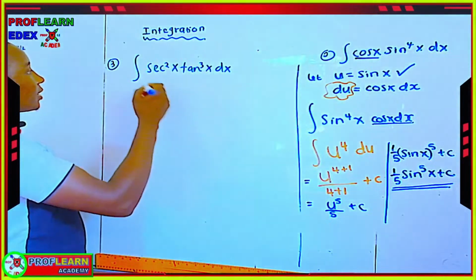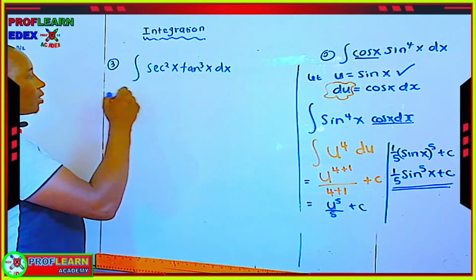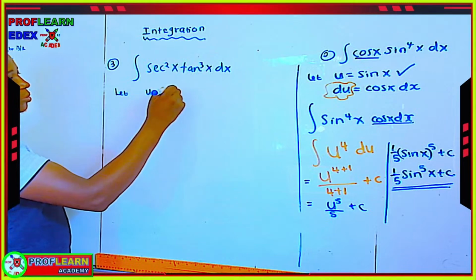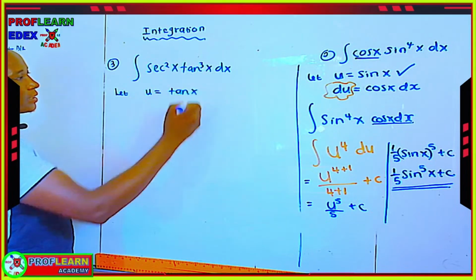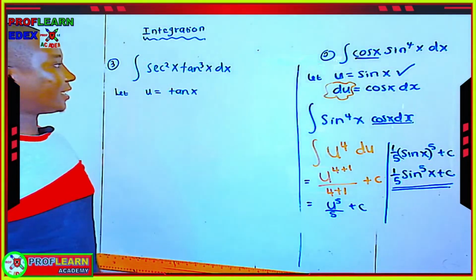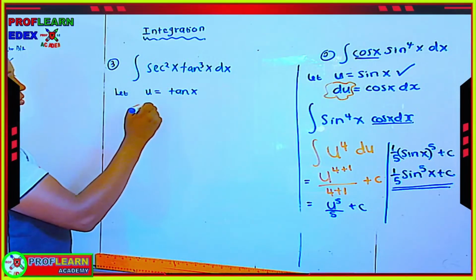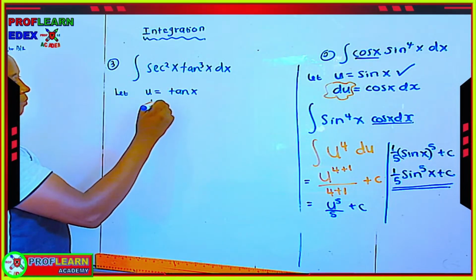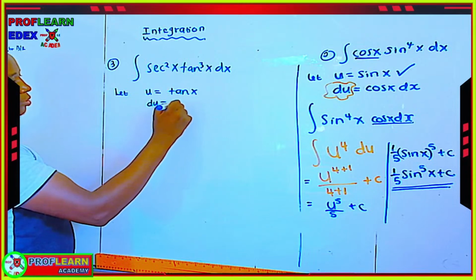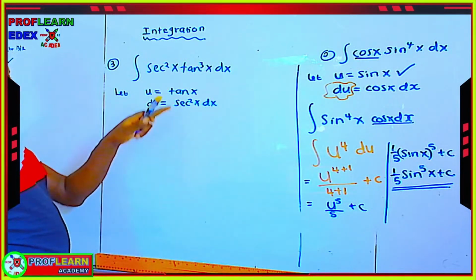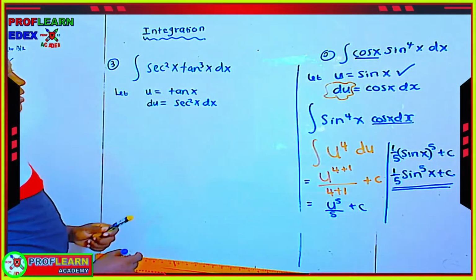Yeah, we are going to integrate this. So we are going to say let u be equal to tan x. Then if we let u be tan x, we differentiate both sides. So du is going to be equal to sec squared x dx, because if you differentiate this, you get sec squared x dx.